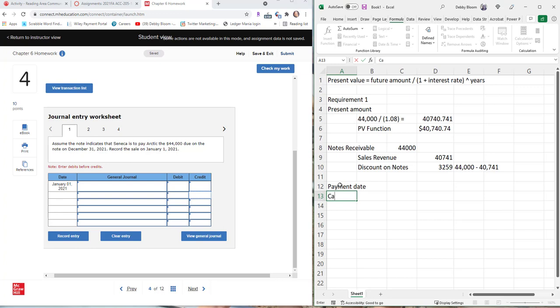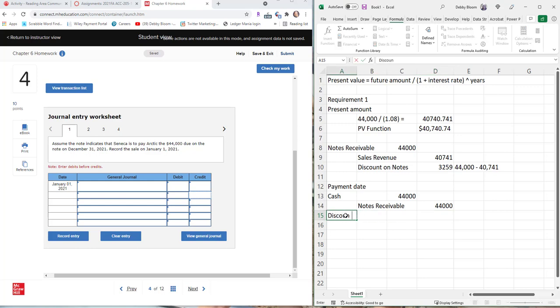Now, what happens on payment date is that Arctic is going to receive cash of 44,000. And the 44,000 of cash is going to take care of notes receivable. So we credit notes receivable for 44,000. Now we have to deal with the interest revenue and the discount on notes.